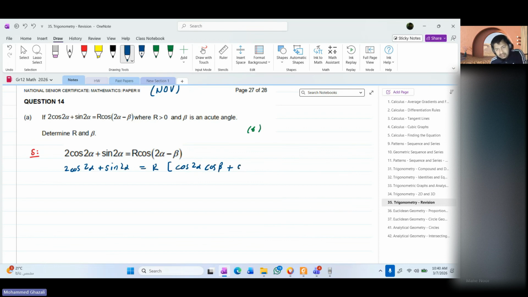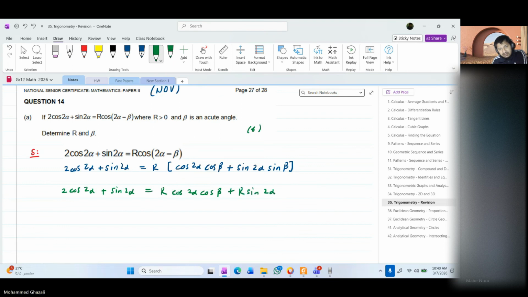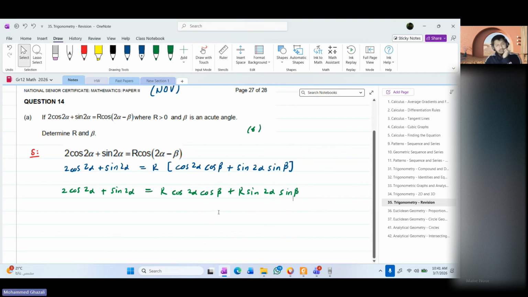Now obviously you need to take the R inside. If you multiply the R together with this, you get R cos 2 alpha cos beta plus R sine 2 alpha sine beta. Okay, so far is good.